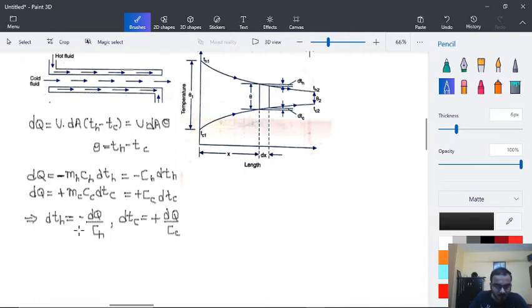So now we can have the difference of these two. dTh minus dTc is equal to minus dq over Ch minus dq over Cc.